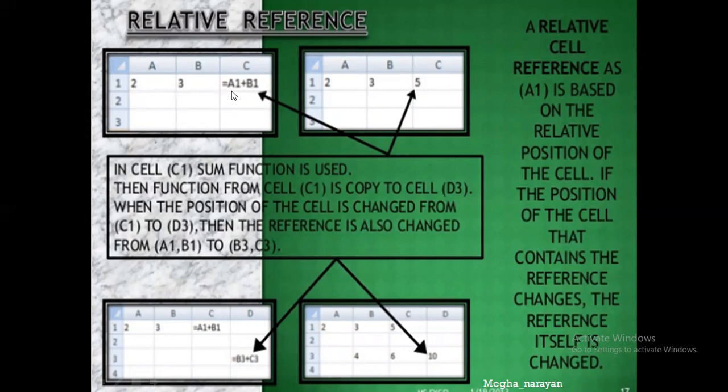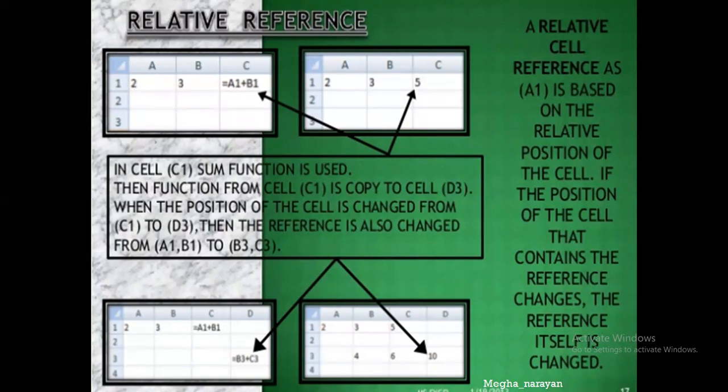You are adding them together by a simple formula. Right now we are not moving to functions, we will learn that also, but this is a simple formula. A1 has a value 2, B1 has a value 3. We are adding them using a very simple formula.